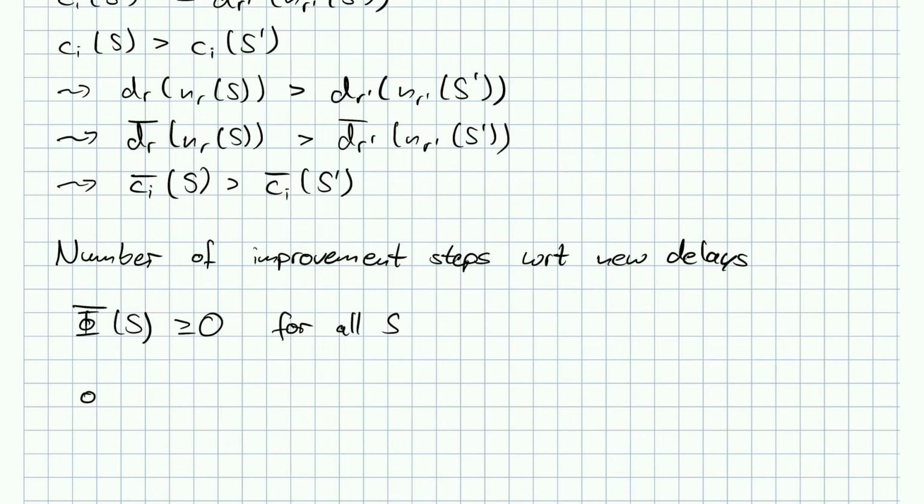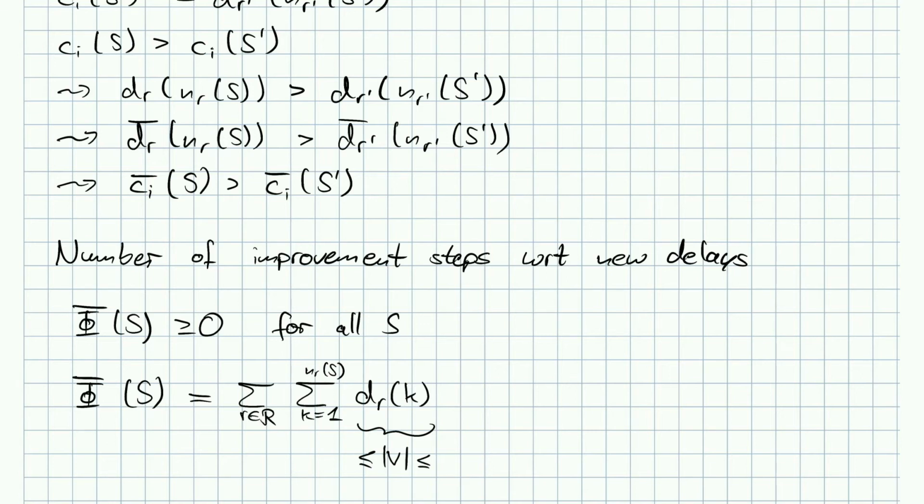And also, we see that we can derive an upper bound. How can we do this? Well, we know that any of these delay values is at most the size of v, which is at most m times n.